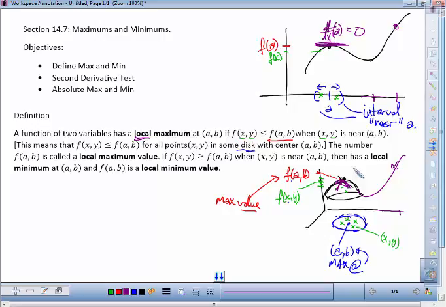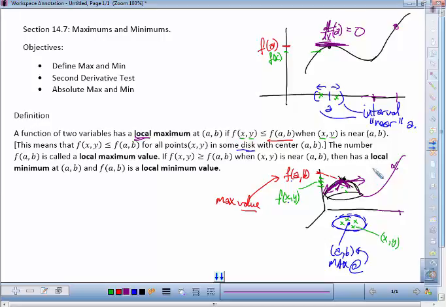If you're sitting right on top of the mountain, and you put an arrow that's tangent to the mountain going in one direction and going in another direction, they should all have 0 derivatives.